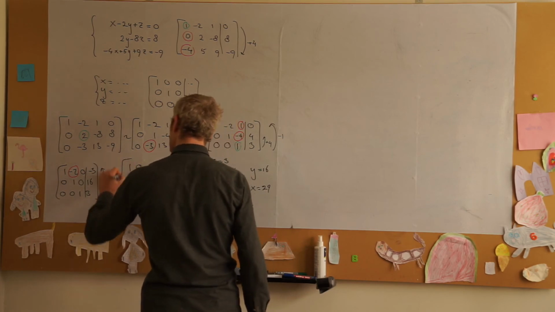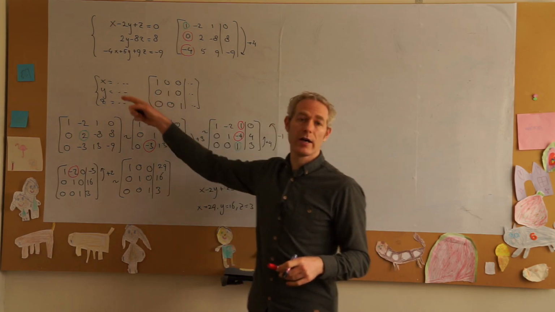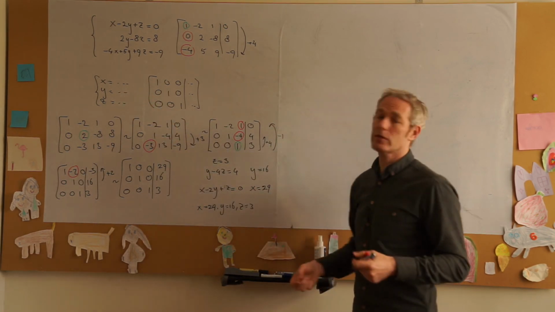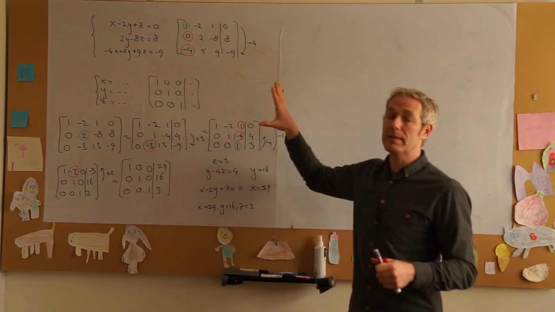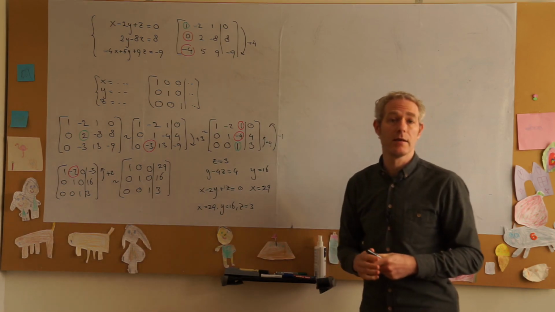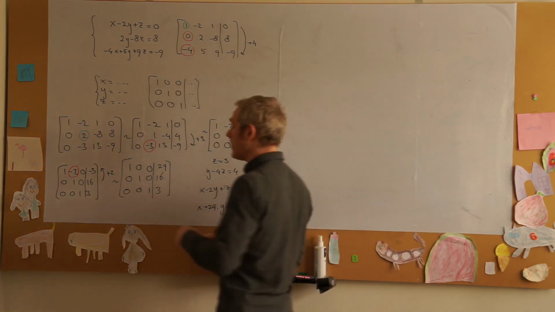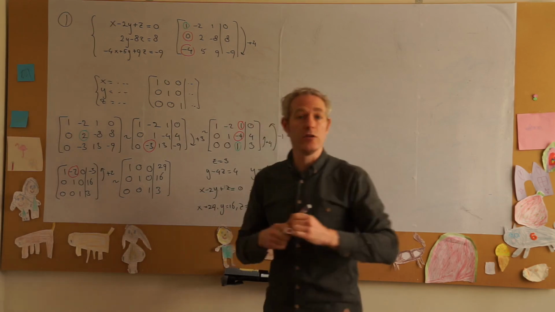And I have exactly the same solution here, but now I can immediately write x, y, and z instead of doing the substitution. So it's either one or the other, it doesn't really matter. You could also solve this completely. This was example number 1. And we see we have a unique solution.